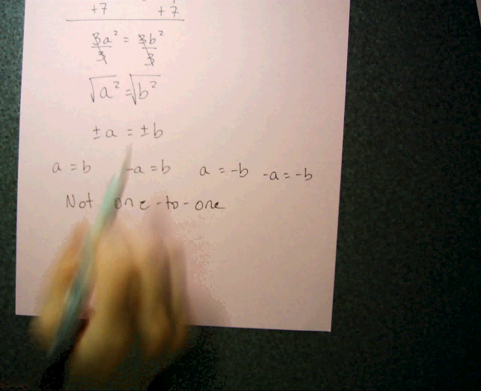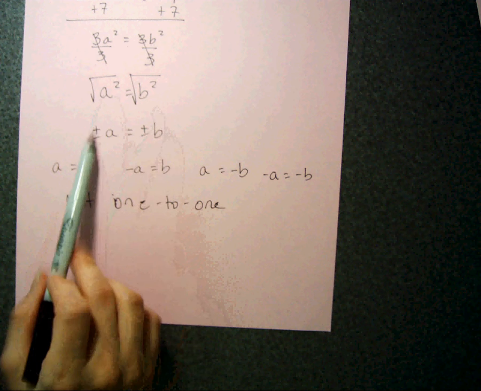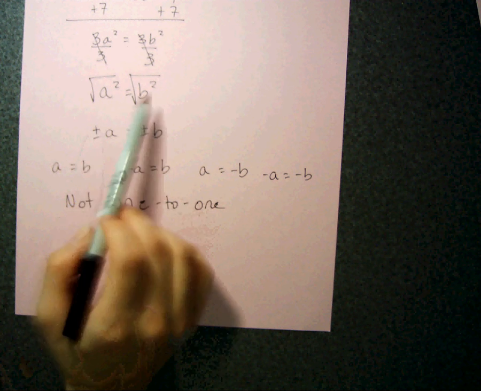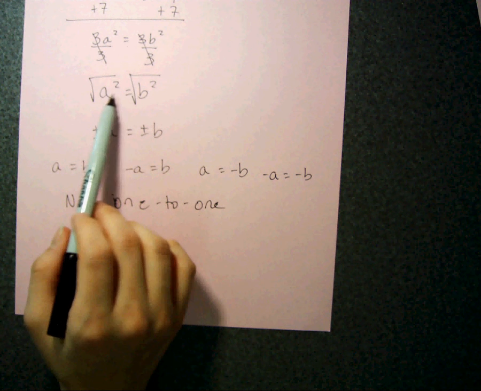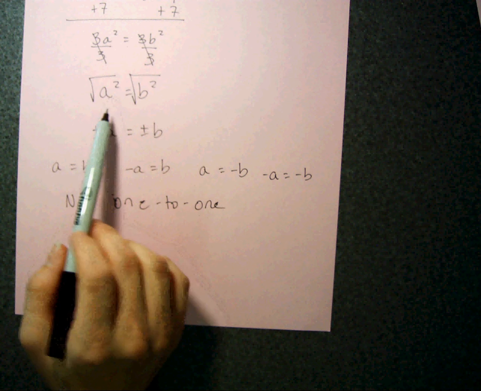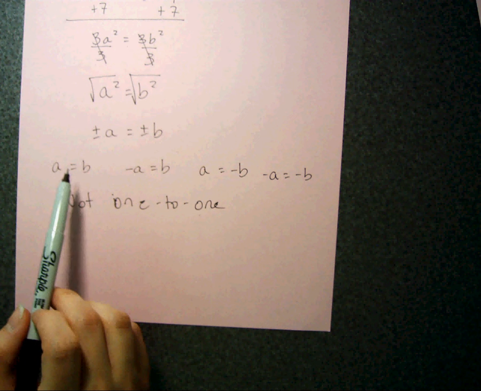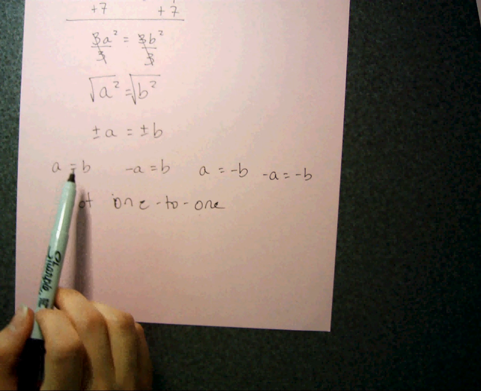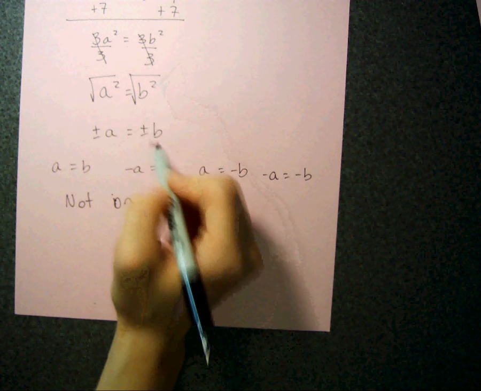So we took the square root, and I got plus or minus, right? Because it was a squared. What if it was a to the third power? Would I still have to account for the plus or minus? No. When do I have to account for the plus or minus?